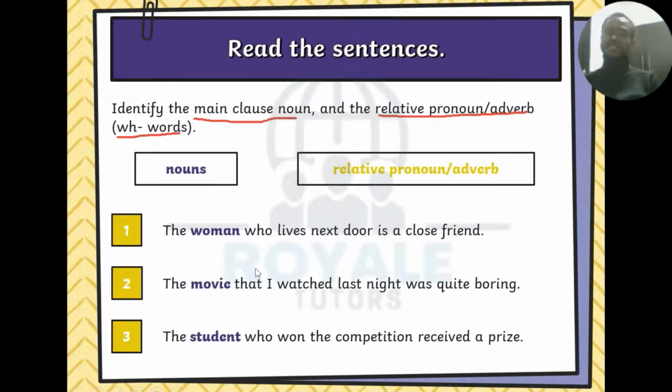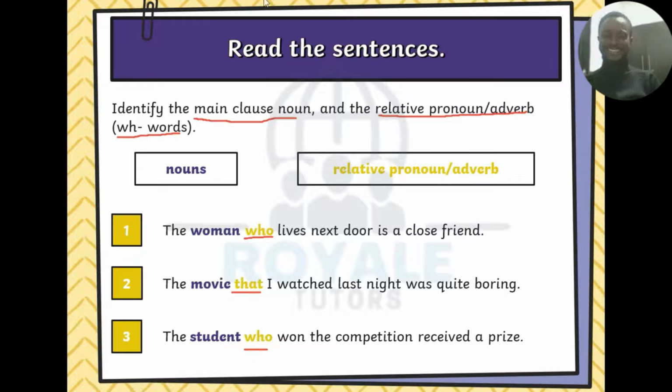So, what about the relative pronoun or adverb? Would you guess that? No, just try. Well, are you saying who, that, and who? Well, we never can tell. Let's see. Yeah, and that's right.